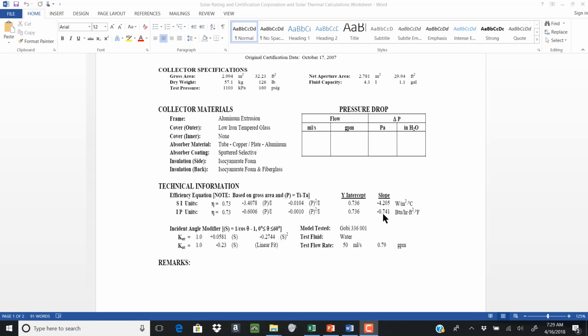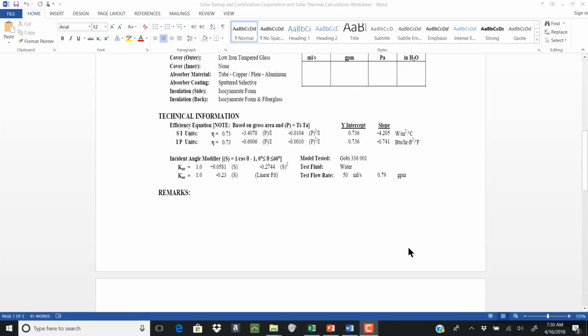Here's the slope, minus 0.741 BTUs per hour foot squared degree Fahrenheit. So we have to divide that by the solar radiation and multiply it by the temperature difference. We see the flow rate during the test conditions, which is 0.79 gallons per minute.